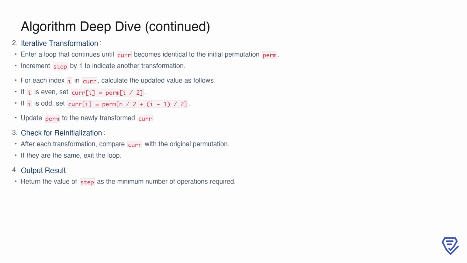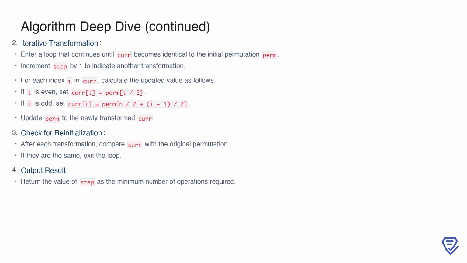In each iteration, we increment the step counter to track the number of transformations that have occurred. For every index i in the array, we calculate the updated value for the transformation. If the index i is even, the new value is taken from perm[i/2]. If the index is odd, the value is derived from perm[n/2 + (i-1)/2]. After updating all the values, the perm array is replaced with the transformed cur.